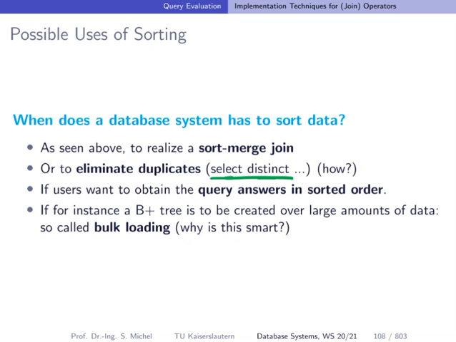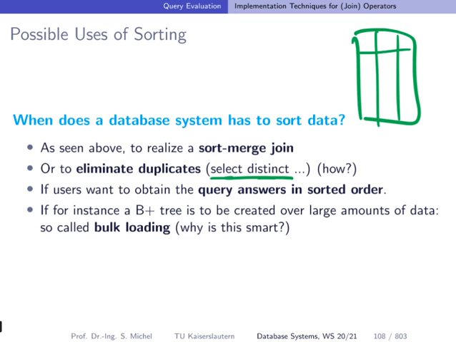So why would sorting work for duplicate elimination? So you have a table, unsorted, and there are multiple attributes, multiple columns, right? And tuples, and it's not sorted. So how do you now, if you want to eliminate duplicates, do this? Well, the obvious answer here on the slide is sorting, right? Why does sorting help? If you're sorting and you have a duplicate, let's say you have an entry like 2, 4, and 7, and 2, 4, and 7 comes here again, and there's some between, 8, 9, and, I don't know, 5.